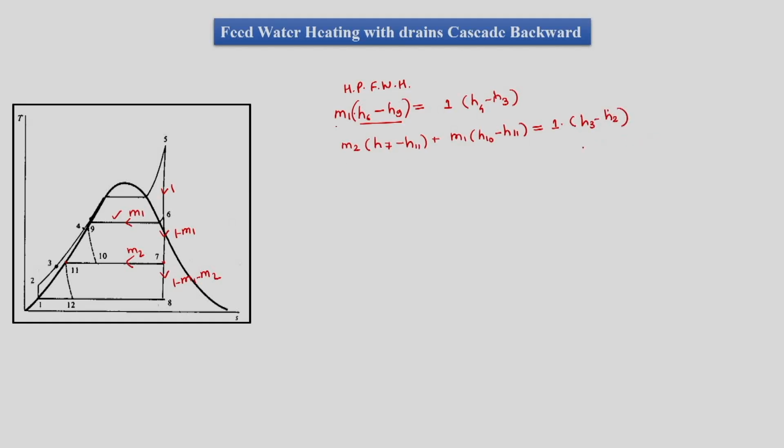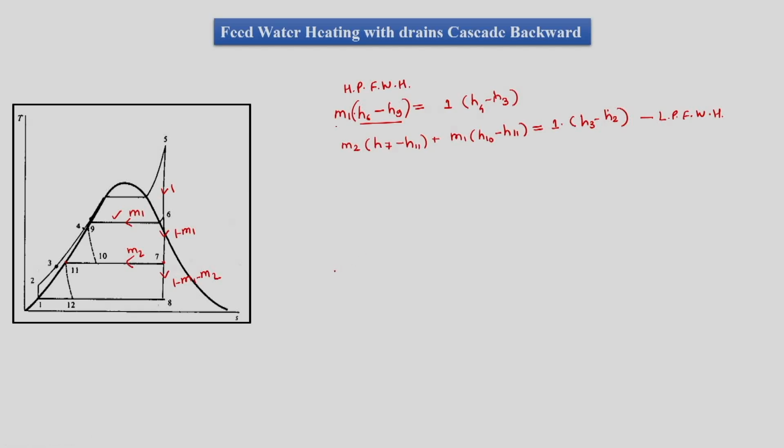So, this is what the mass and energy balance combined equation would look like for the low pressure feed water heater, and that is how we can find out m2.